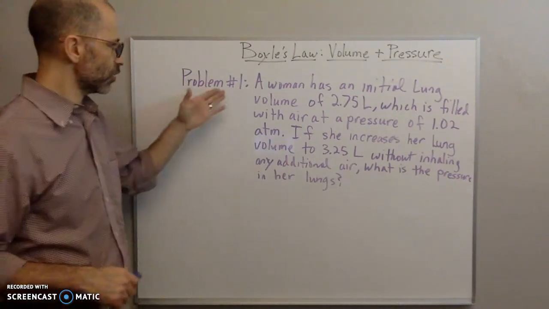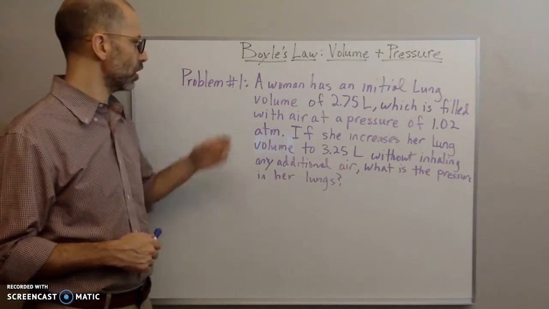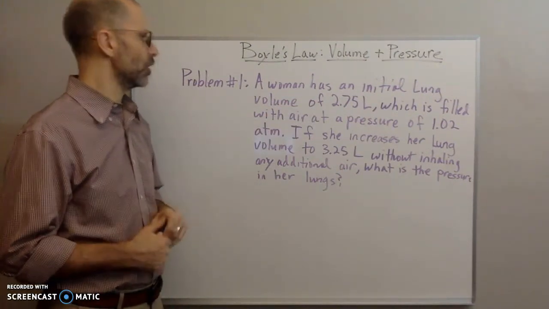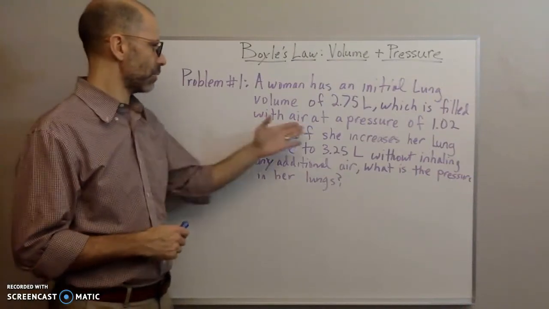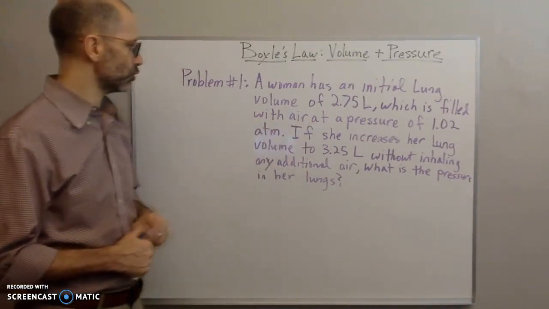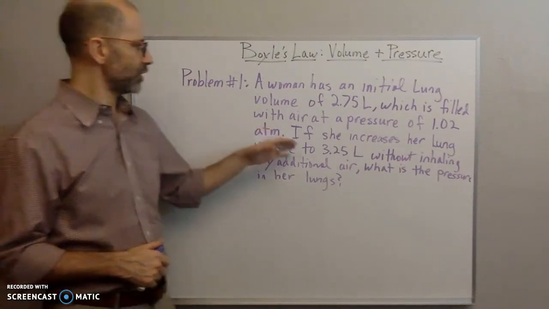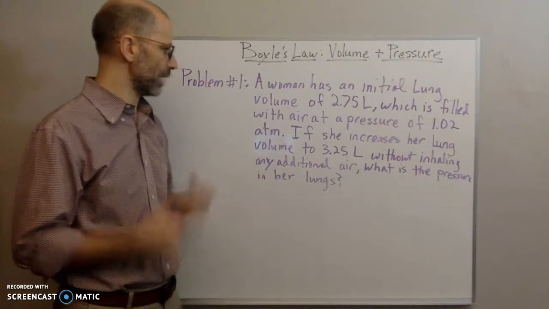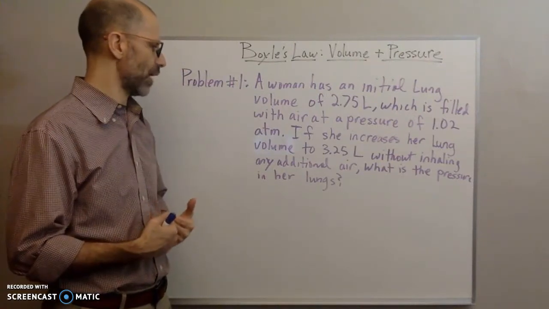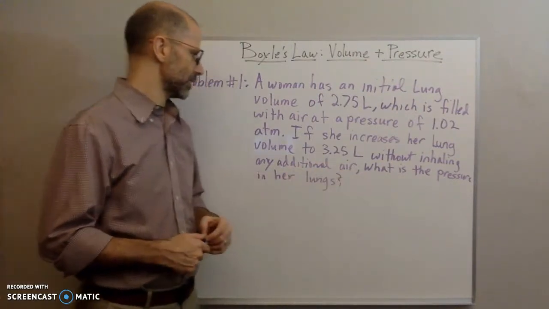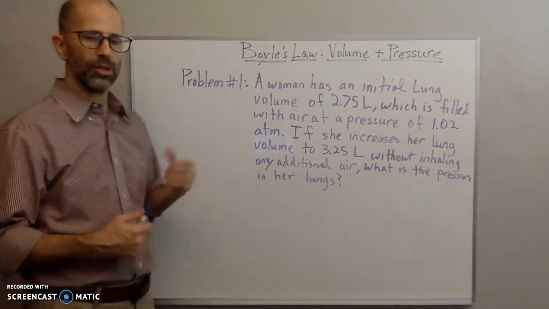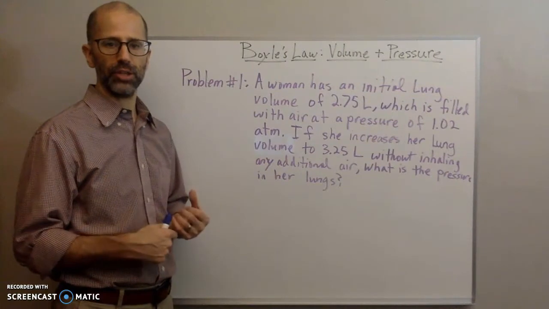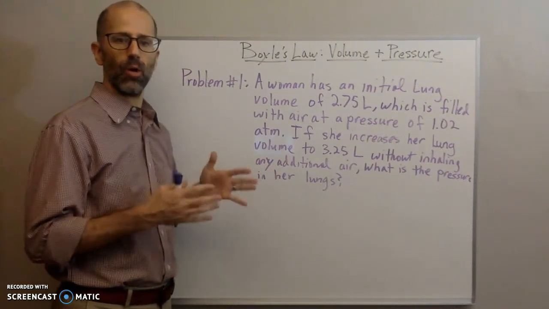So here it says a woman has an initial lung volume of 2.75 liters, which is filled with air at a pressure of 1.02 atmospheres. If she increases her lung volume to 3.25 liters without inhaling any additional air, what is the pressure in her lungs?